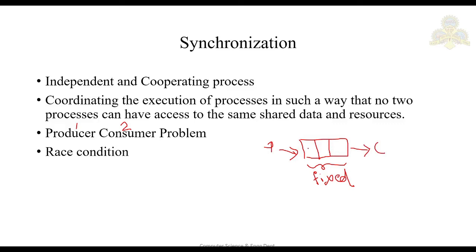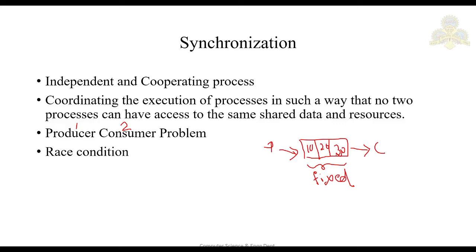So say suppose your producer has produced three items, 10, 20 and 30. Now your consumer can consume from here. So there are a few problems with this producer consumer problem. The first one is when the buffer is full. Remember we had a fixed buffer, right? The size is fixed.